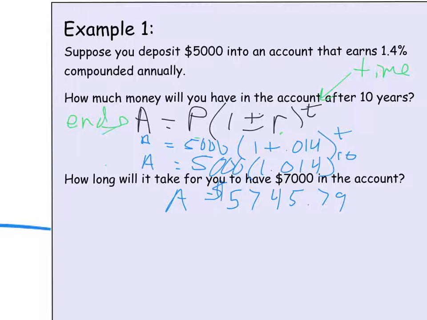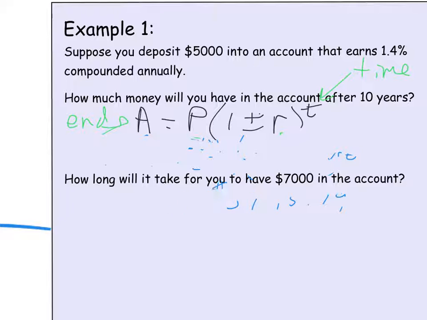Okay, let's do this next problem because this one we're going to have to use logs in a little bit. Okay, so we're going to use the same formula. And in this one, the question is this: how long will it take you to have 7,000 in that account? Well, it's going to be evidently more than 10 years because 10 years only gave us 5,700 something.